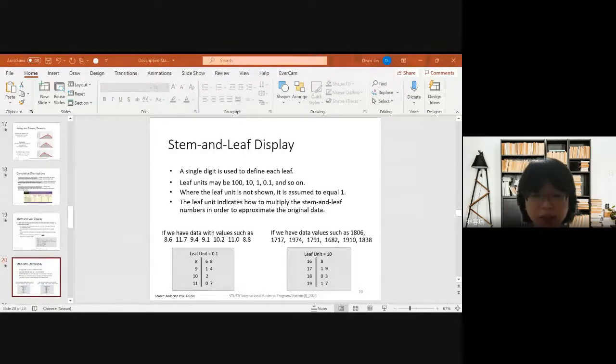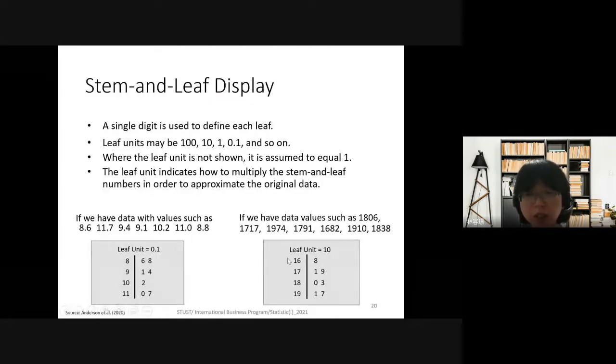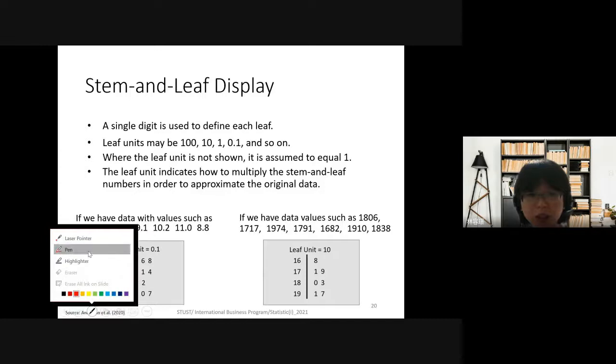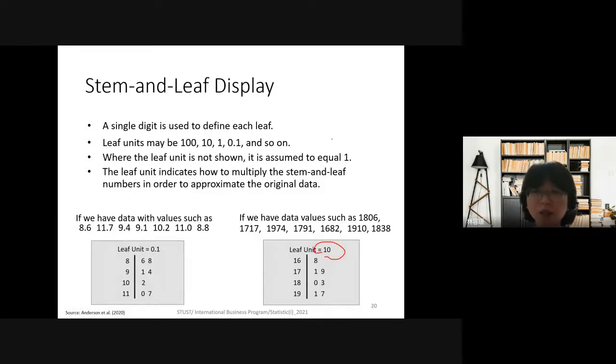Okay, I will continue to talk about when the leaf unit is 10. So today, if the leaf unit is 10, for example here, 17 and 17, you will know this is 7 and this is 10, right?